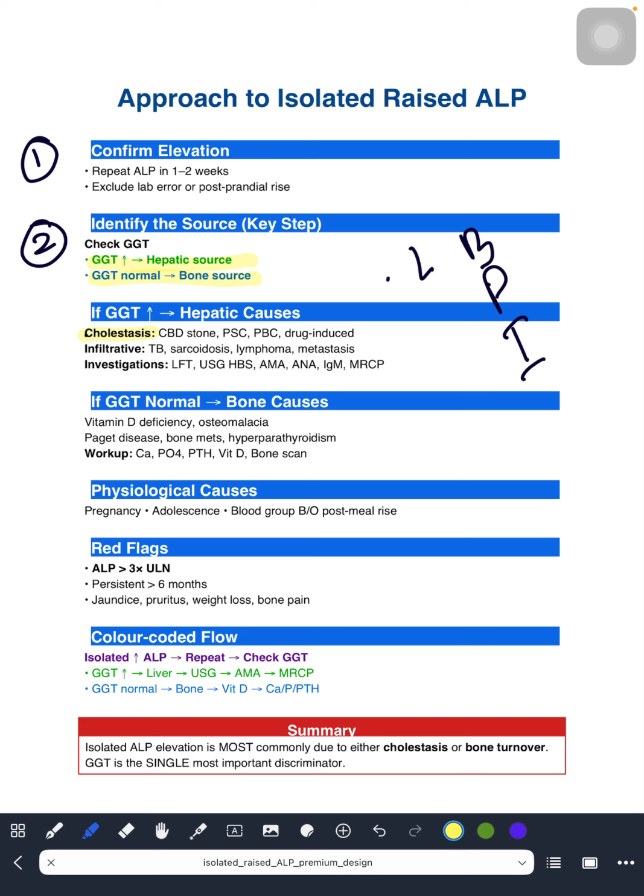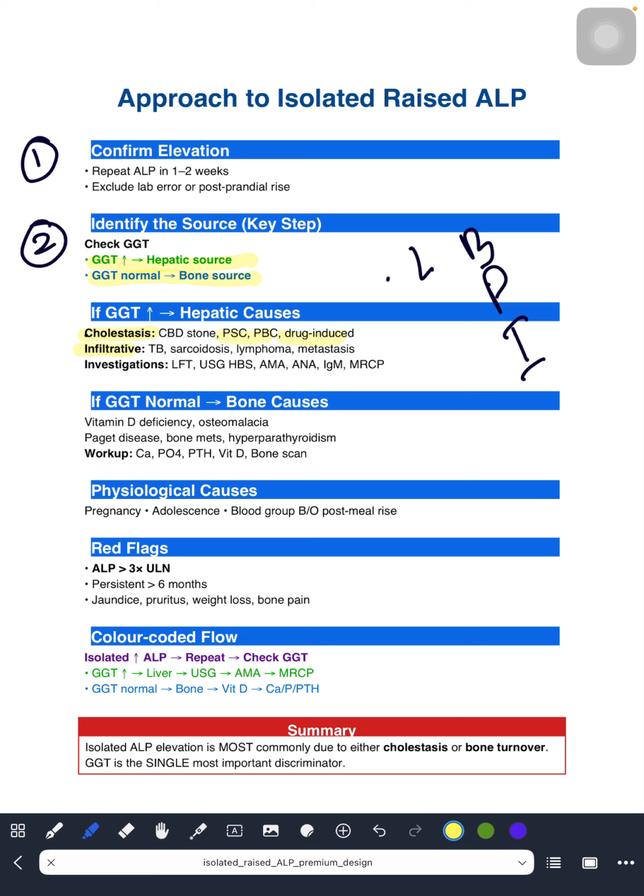In intrahepatic cholestasis, it may be PSC, PBC and some drugs, that is oral contraceptive pill and anti-epileptic drugs can cause cholestasis. Number 2, infiltrative disease, that is TB, sarcoidosis, lymphoma and metastasis. Number 3, congestive hepatopathy.